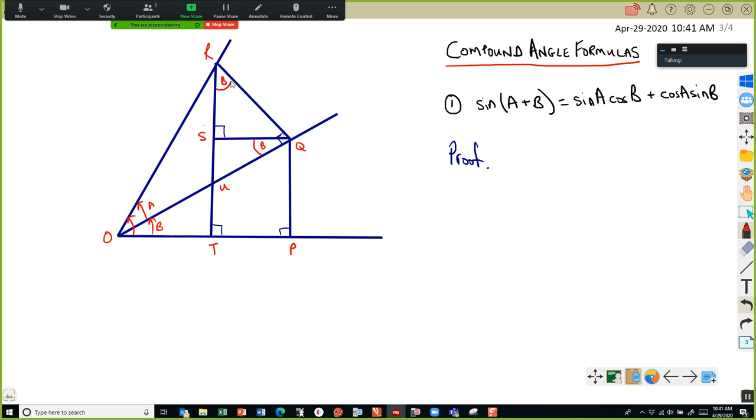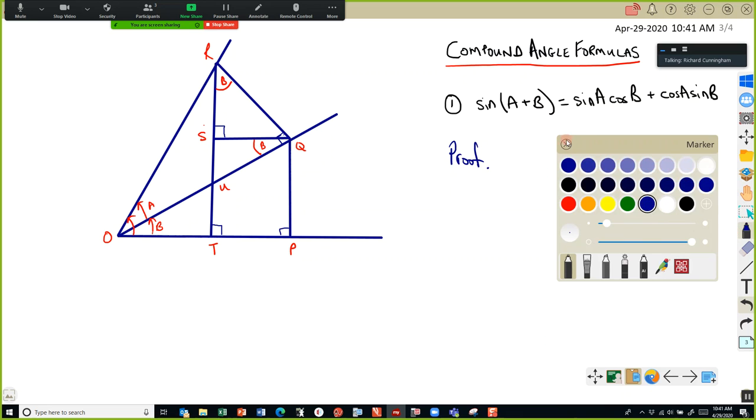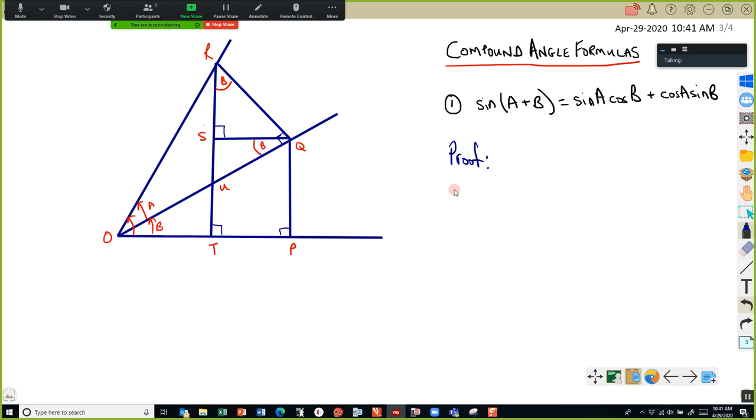All right. Good. So here goes with the proof. I've got sine of A plus B. Sine of any angle is always equal to what over what? Opposite over hypotenuse.